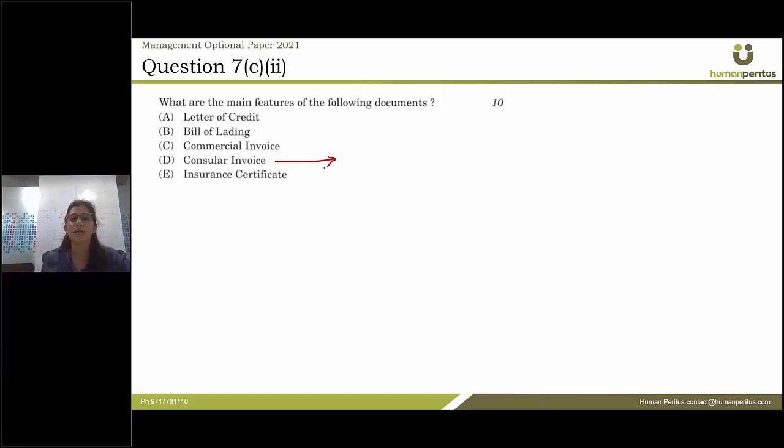Now, what is the consular invoice and who issues this? This consular invoice is issued by the consul of the importer country, confirming that the payment which was mentioned and the amount of the excise duty has been paid by the importer, which assures the exporter that all the payment has been made, everything has been done, and just to satisfy him that your payment is made and everything is settled now.